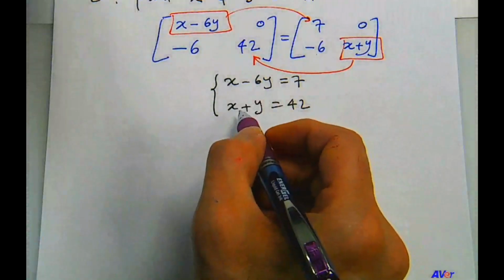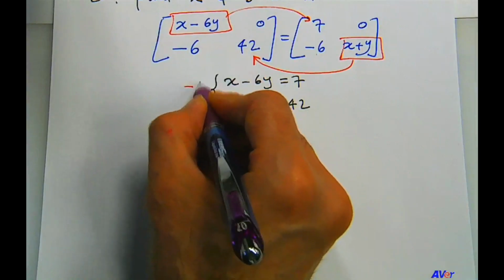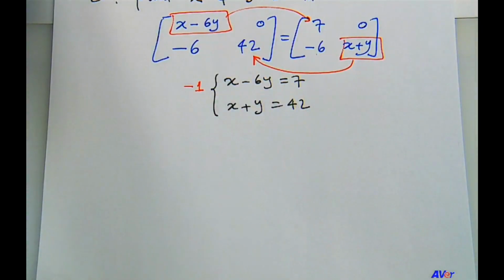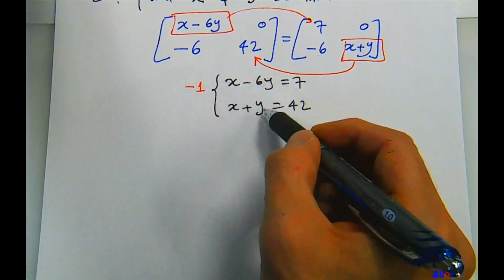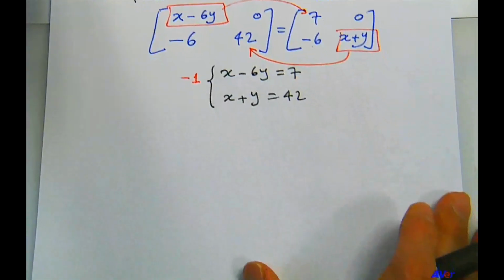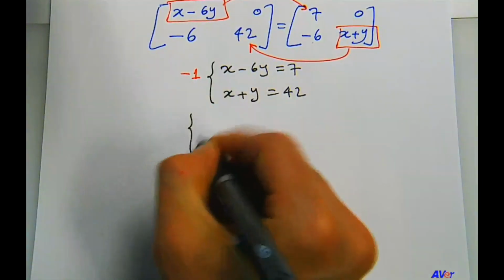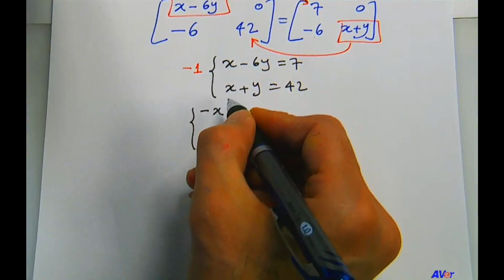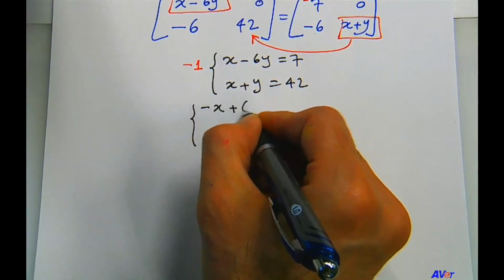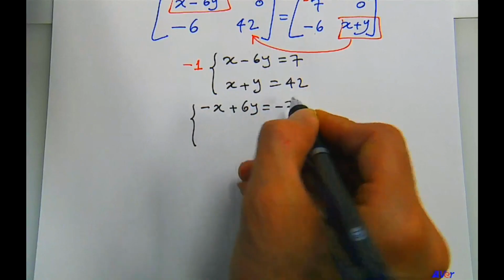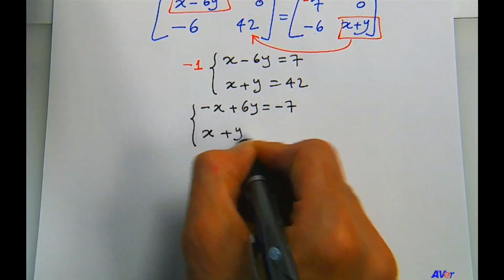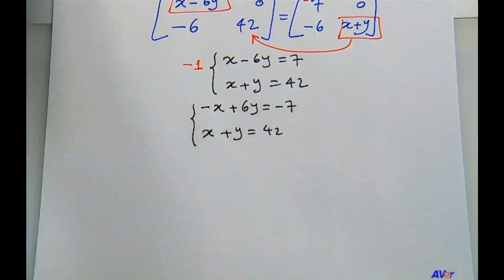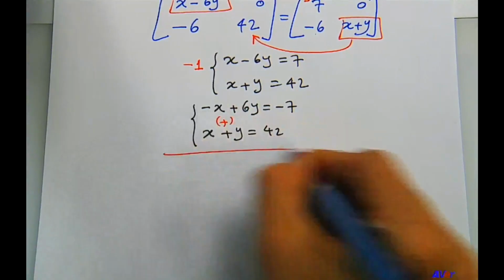We can simply multiply the top equation by negative 1 to get rid of the x terms, and then solve for y, plug back in and solve for x. So minus x plus 6y equals minus 7. X plus y equals 42. Let's add these 2.